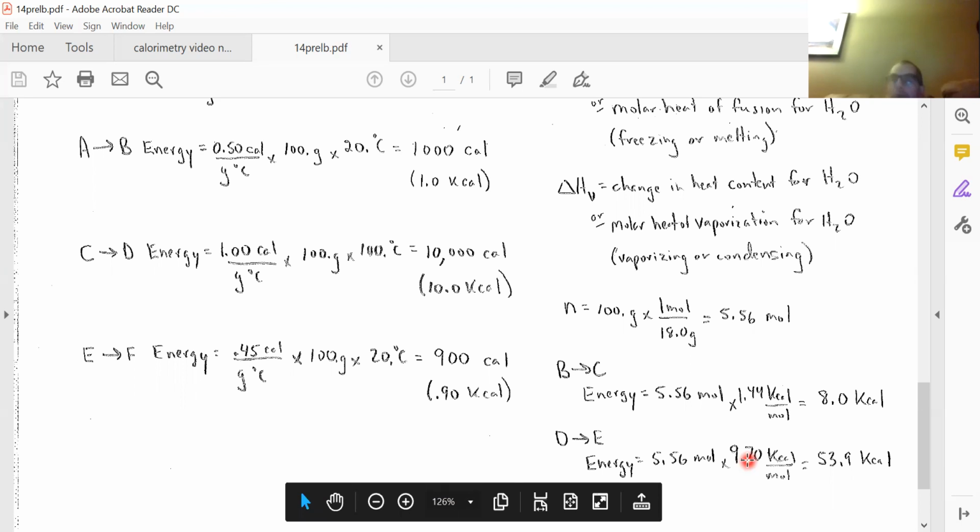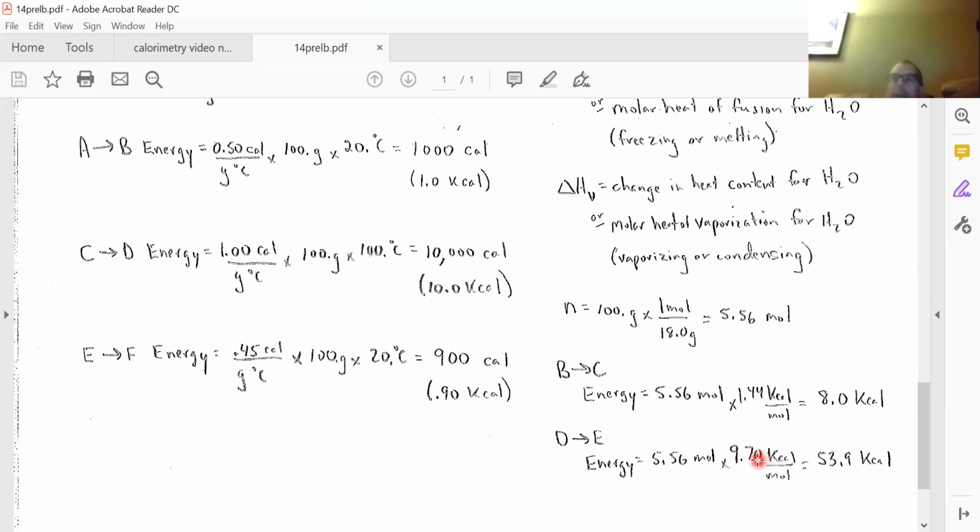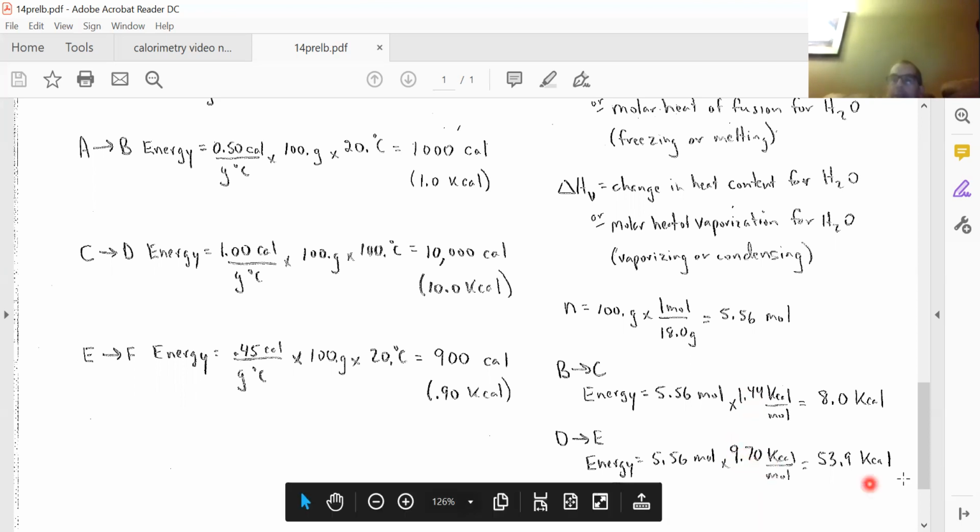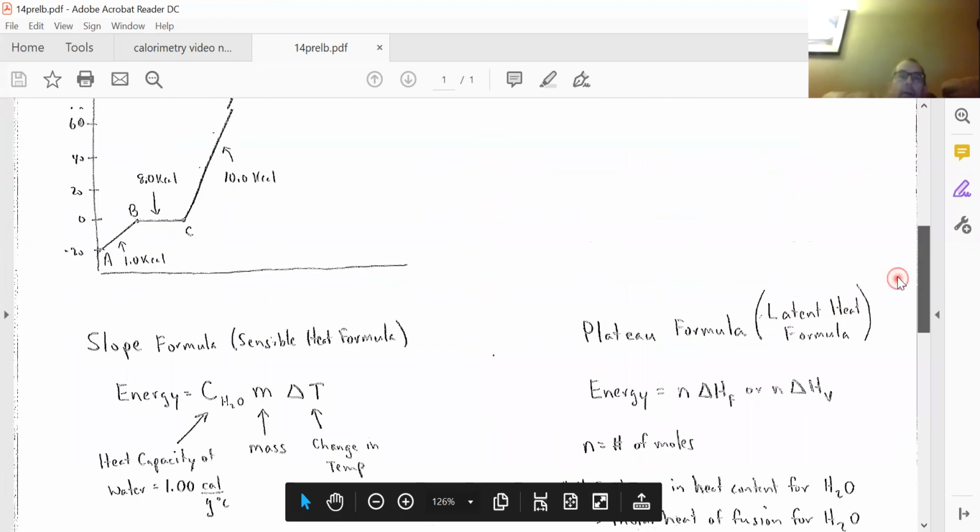That's typical for most substances, because when you go from a liquid to gas, you have to have the energy to completely separate the molecules from each other, not just break the attraction in the solid state to go to liquid. So let's go back and look at our energies right here.